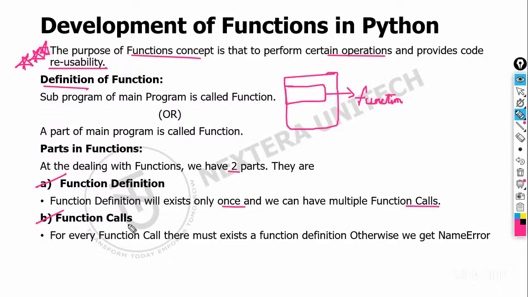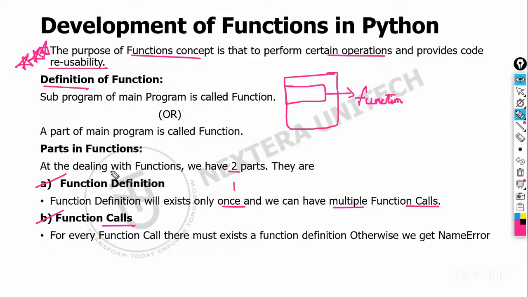Once after defining the function, whenever we want to reuse it, we'll call the function. So across the program, we can have multiple function calls, but function definition will exist only once. Once you define it, yes, you can reuse it across the program.